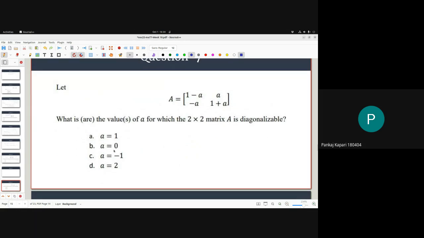Okay, so here we have to find values of A for which this matrix is diagonalizable. So what do we mean by a matrix being diagonalizable?